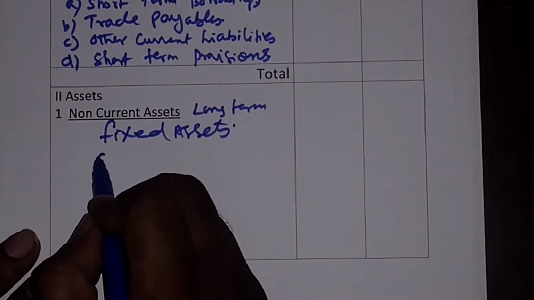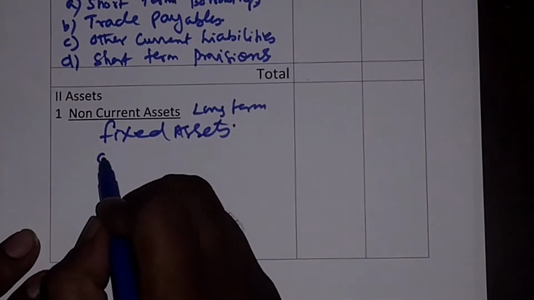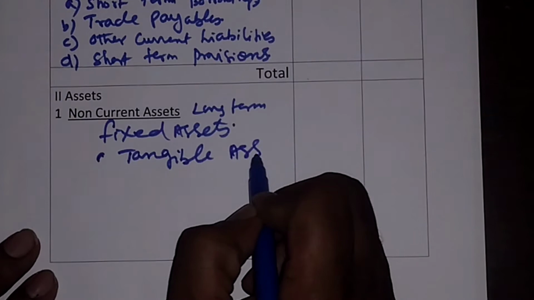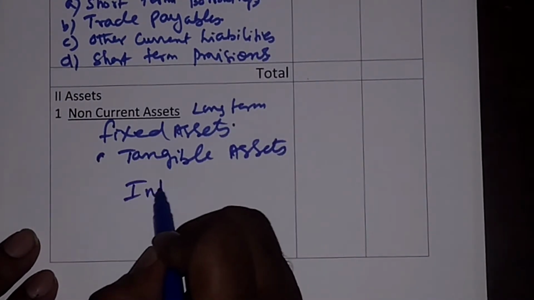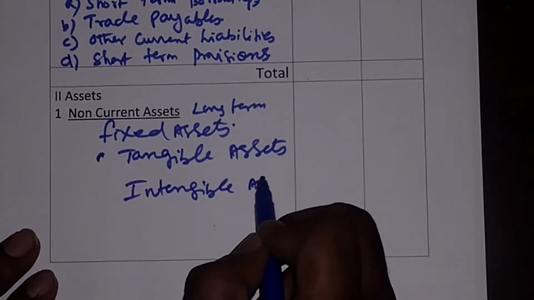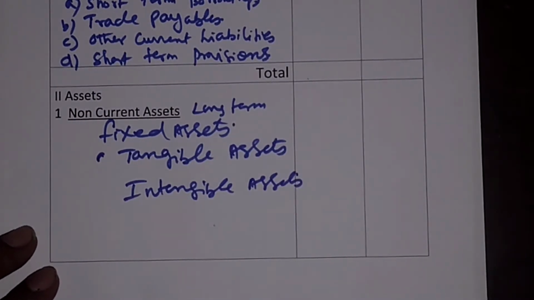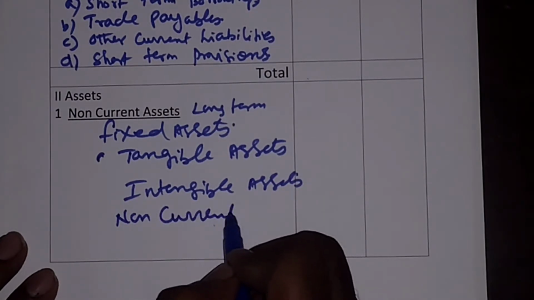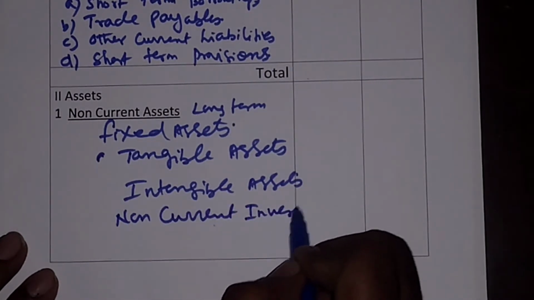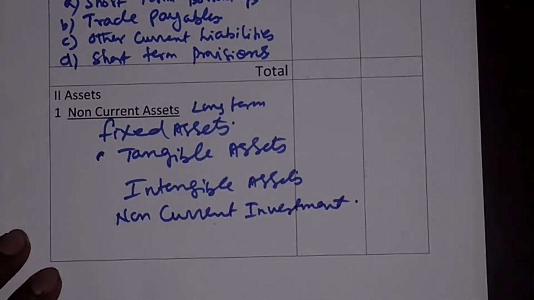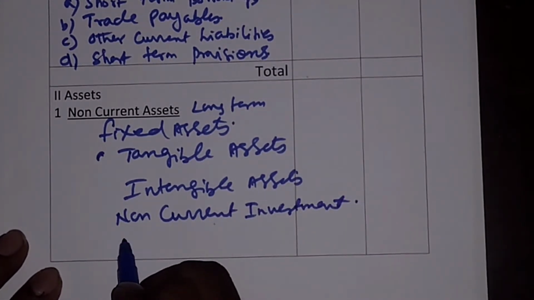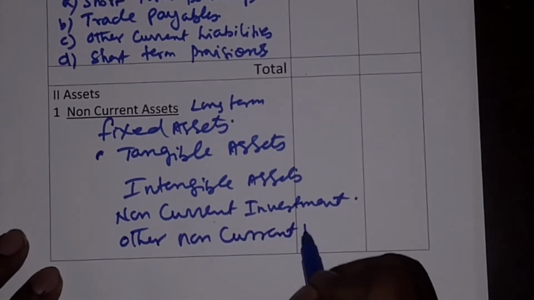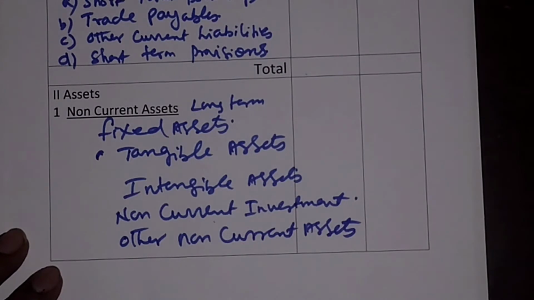These fixed assets are classified into tangible assets and intangible assets. After these, the next one is non-current investment, which is the investment for a long period of time, and another one is other non-current assets.